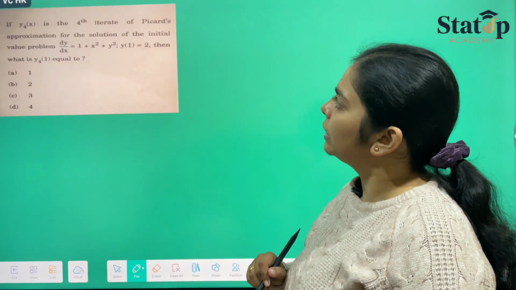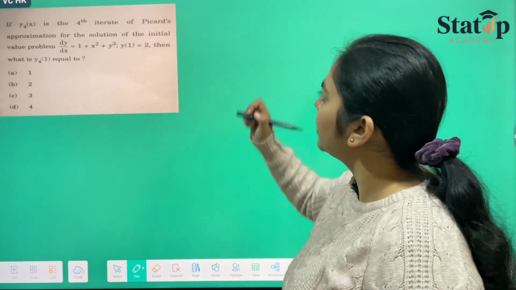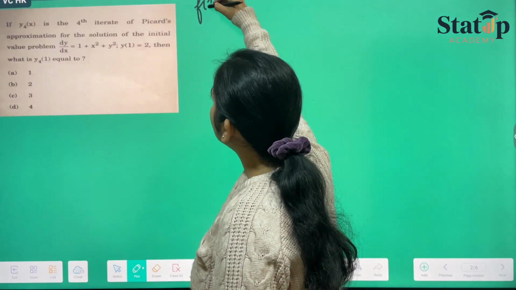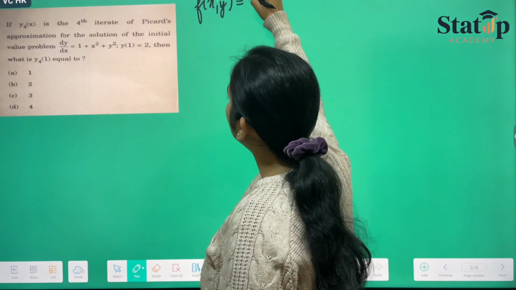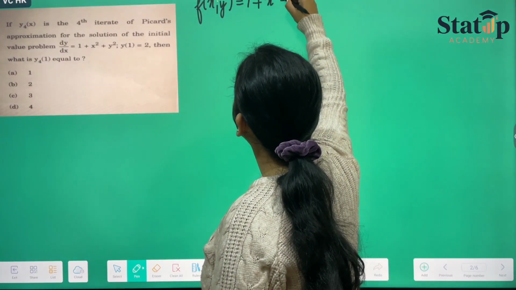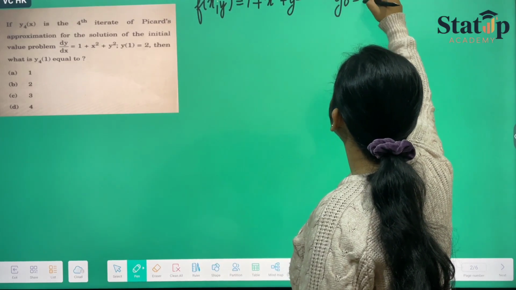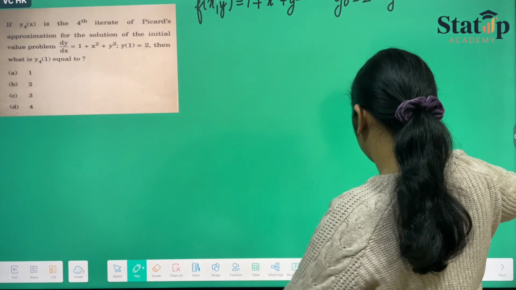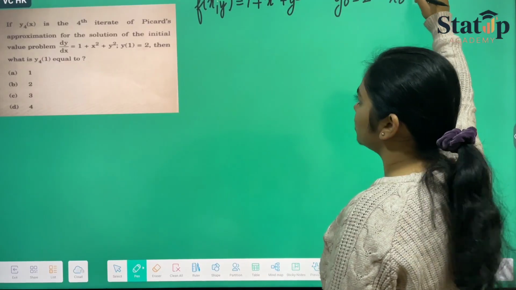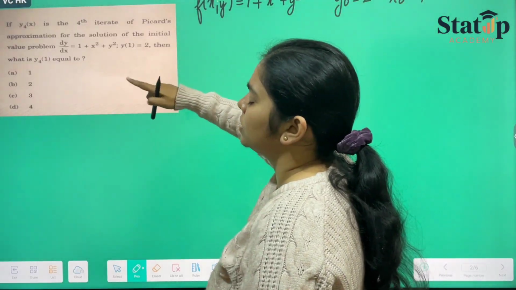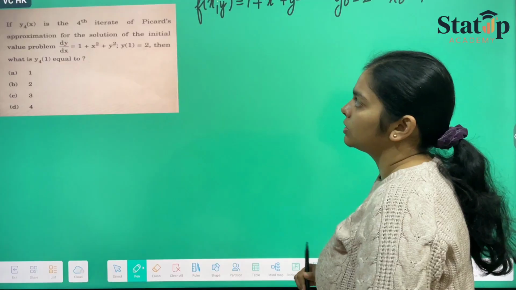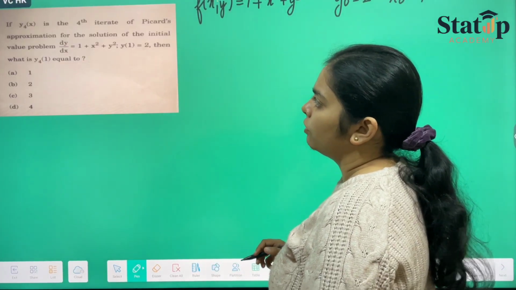y4(x) is the fourth iterate of the Picard's approximation, and they have given us f(x, y) equal to 1 plus x square plus y square, and y naught is equal to 2, x naught is equal to 1. Then what is y4(1)? They have asked you the value of the fourth iteration of Picard's method.